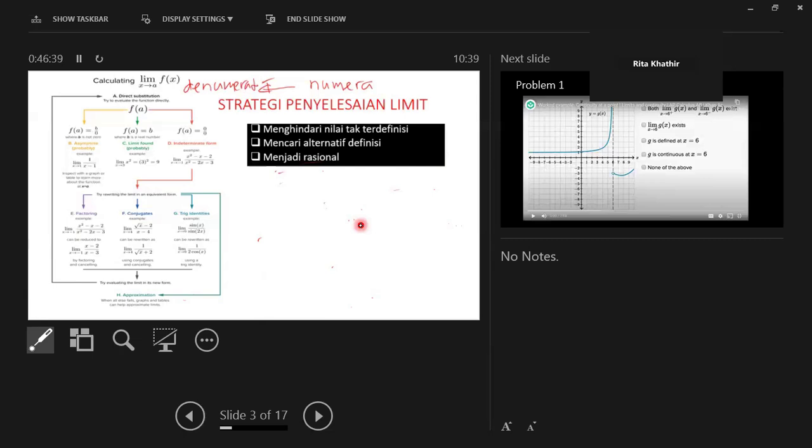So we need definition. And at the end, you are going to be rational. What is rational? Of course, rational is after you use your mind, your akal. After you think, use your thinking, then you become rational. That is very important.